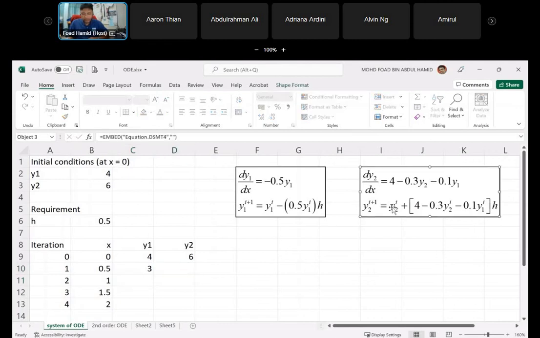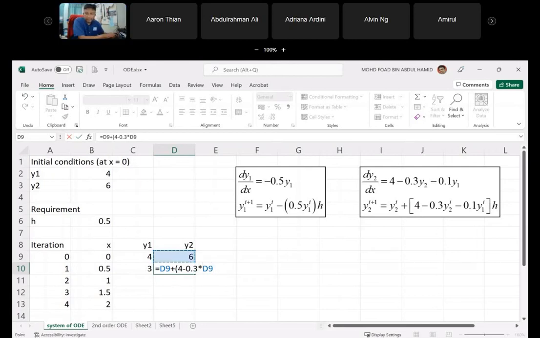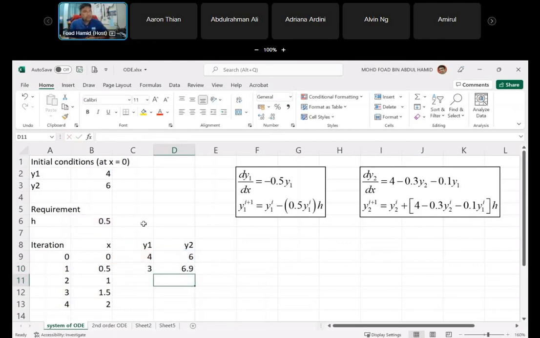And for y2, this formula here: y2 is equal to y2 naught, which is this one, plus 4 minus 0.3 times y2 naught, which is this one, minus 0.1 times y1 naught, this one, and everything times this h, which is 0.5. Okay, so 6.9. So this is what I got just now, right?